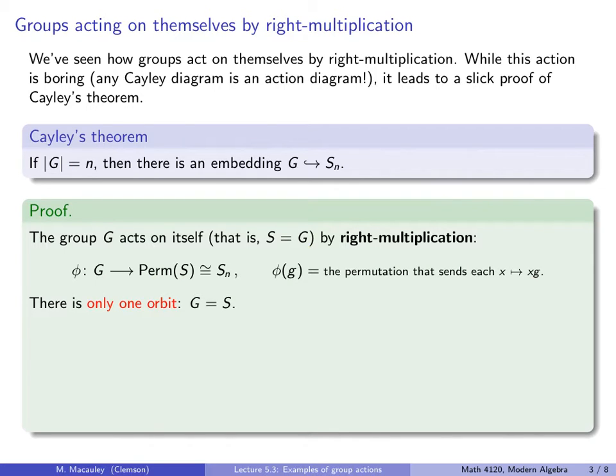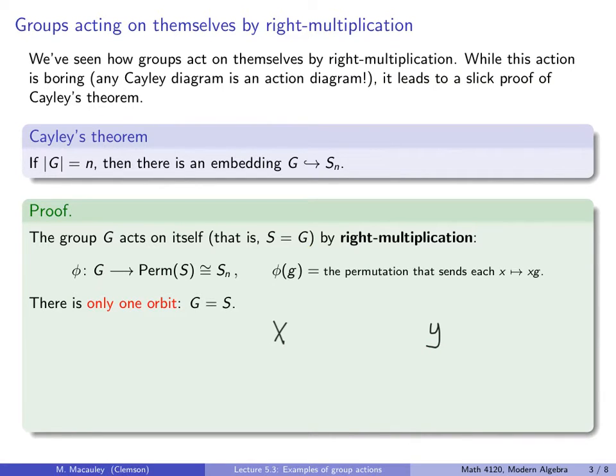First of all, notice that there is only one orbit, which is the entire set, of course. To see why this is, let's take an element x and an element y, and I claim that there is some way to get from x to y. Well, what do we want to multiply x by on the right to get to y?